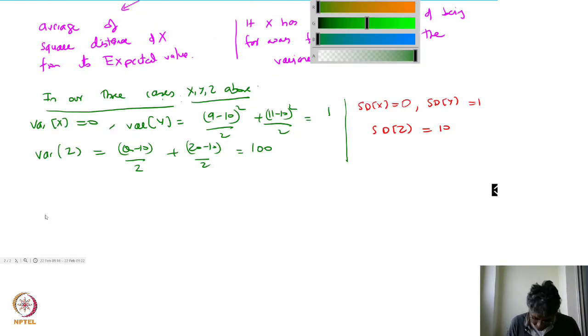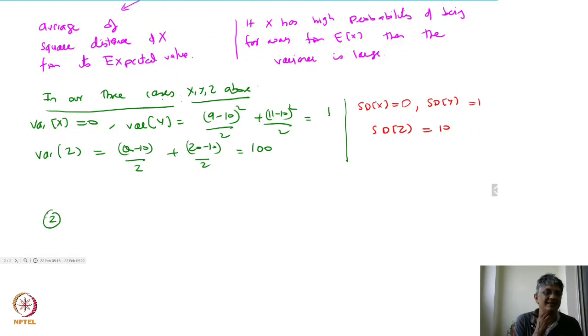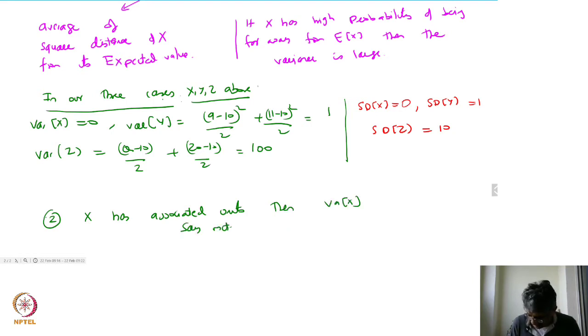The second thing is that the variance is kind of the square of the units in some sense. So if x has associated units, say meters, then since I'm squaring, variance of x has meter squared as its units.